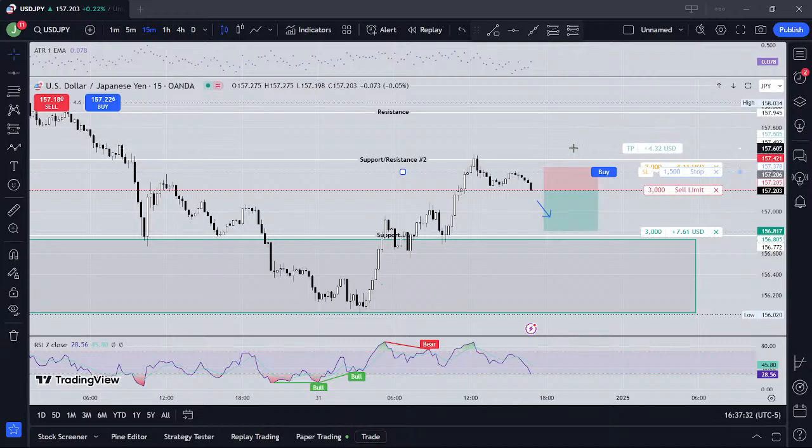I'm going to place it here. I'm going to place it on the next resistance. Okay, stop loss here.